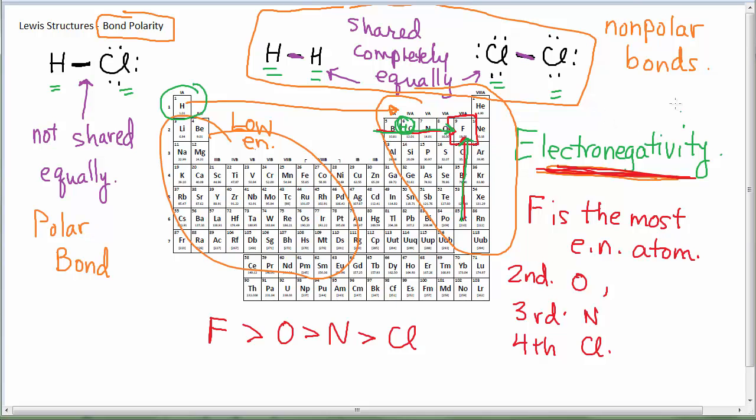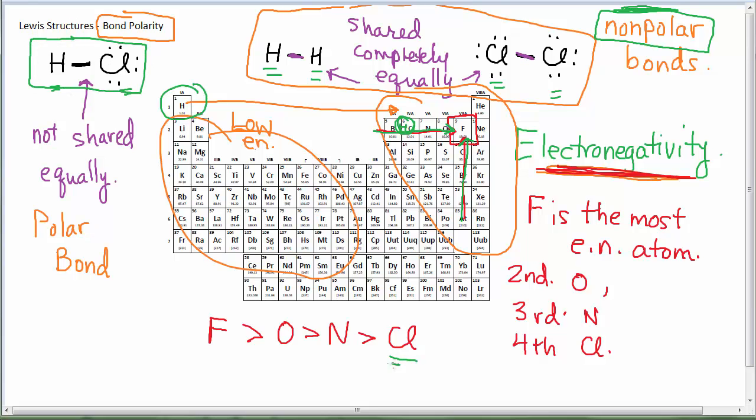And so for a lot of applications, we do consider a carbon-hydrogen bond to be nonpolar because they're so close in electronegativity.